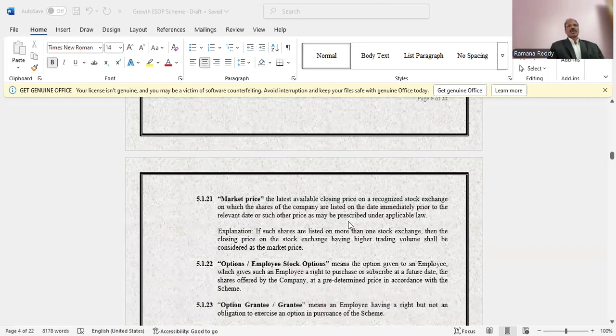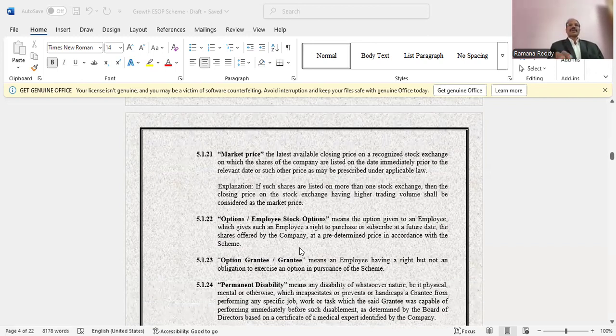Market price. So how do we take market price? The definition: the latest available closing price on the recognized stock exchange on which the shares of the company are listed, on the date immediately prior to the relevant date. So what is the relevant date here? The date when the employee makes an application to exercise the vested options.